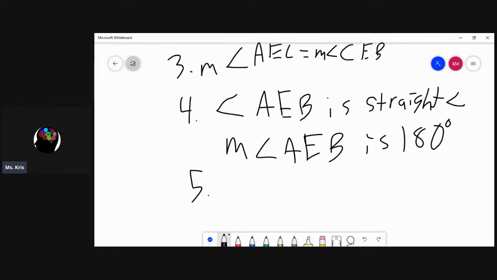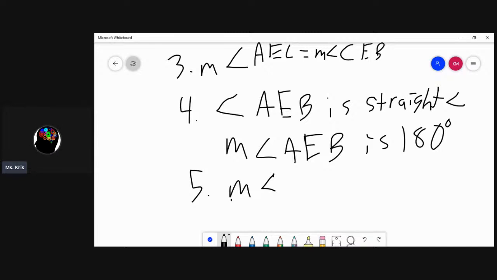So we have defined the measurement of 180-degree angles. And in those 180-degree angles, we say that if the measurement of angle AEB is a straight angle, then that means the measurement of angle AEC plus angle CEB equals angle AEB, based on the angle addition postulate.